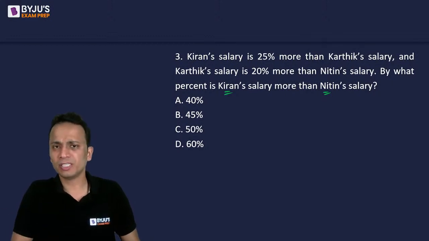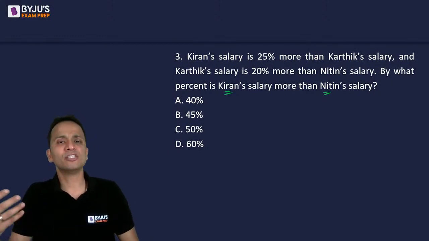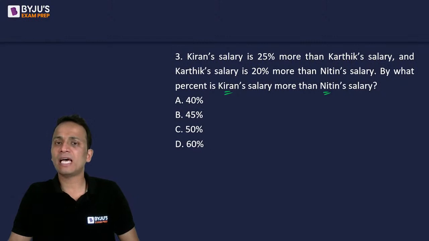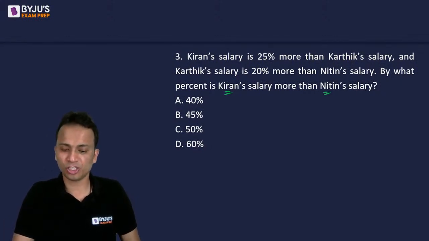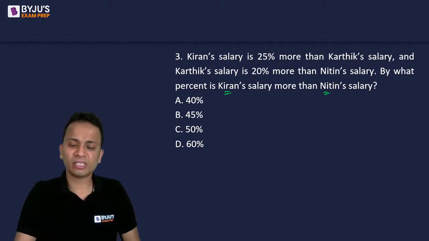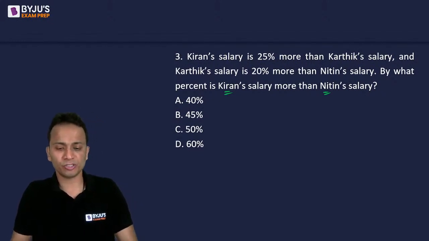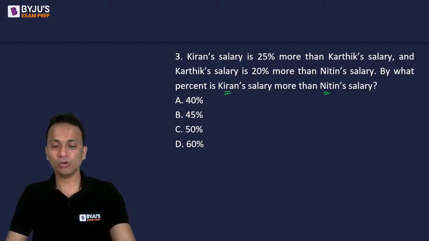So one can use normal percentages. We can assume one of the salaries and find out the other two, or we can use the method of successive percentage change. So there are plenty of methods that you can use to find the answer of this question. Let's see who will be the first person to give me an answer.